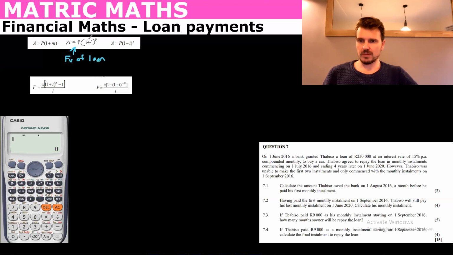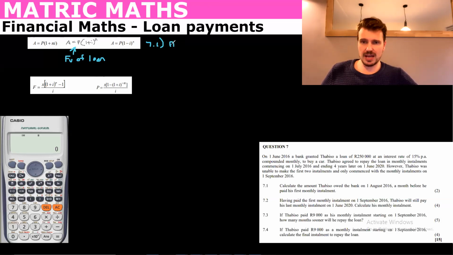Because it's a plus, it goes up, and because it's compounded, it goes up each month. And so what this really is asking is, how much is the loan going to be in 2 months' time?